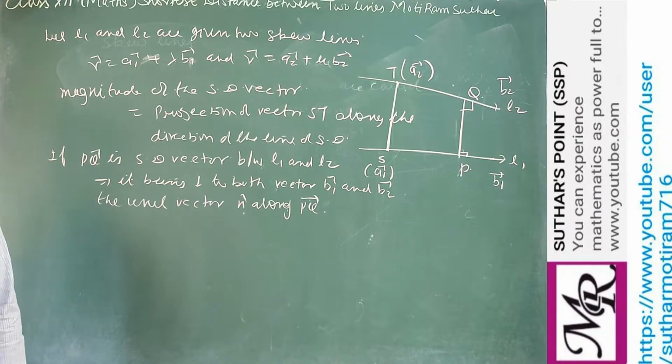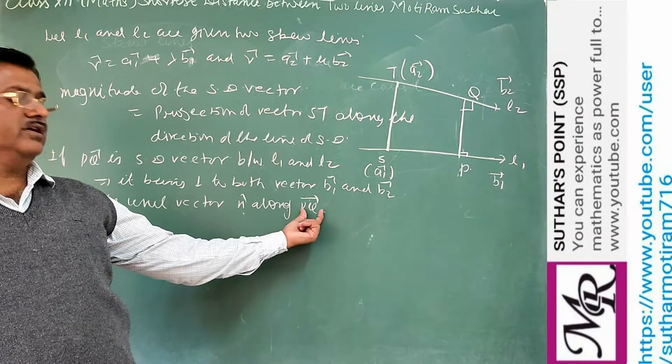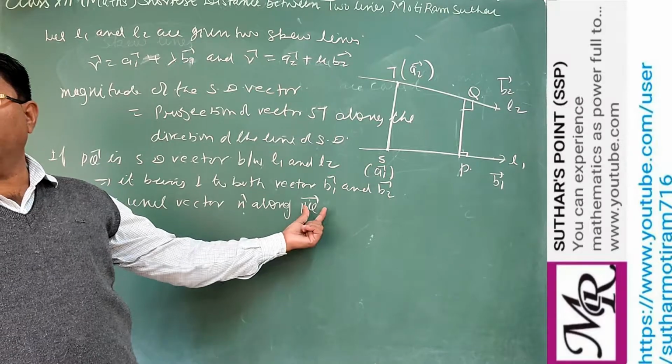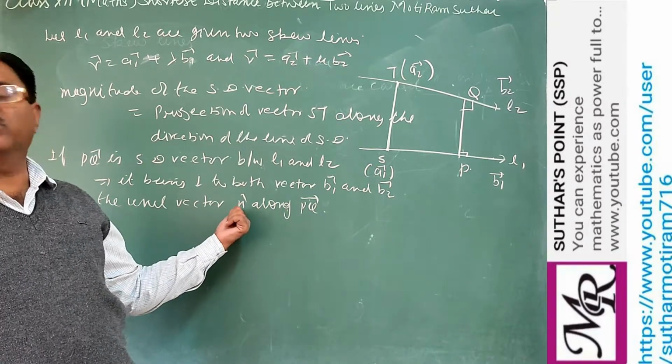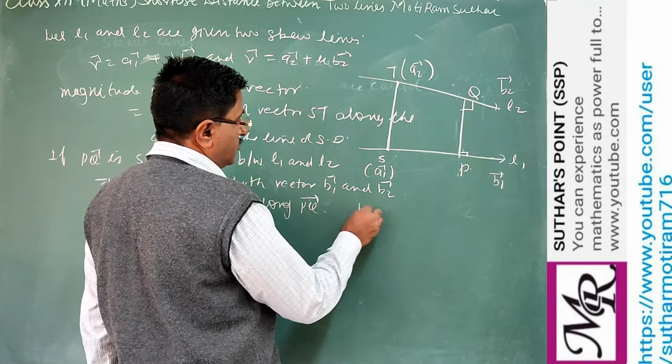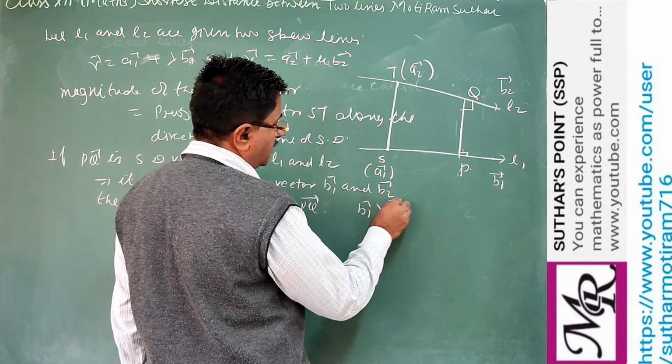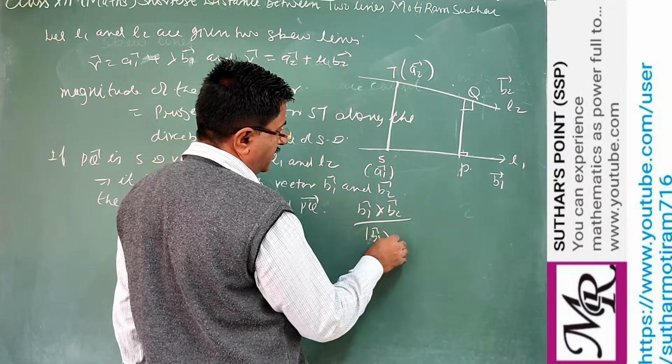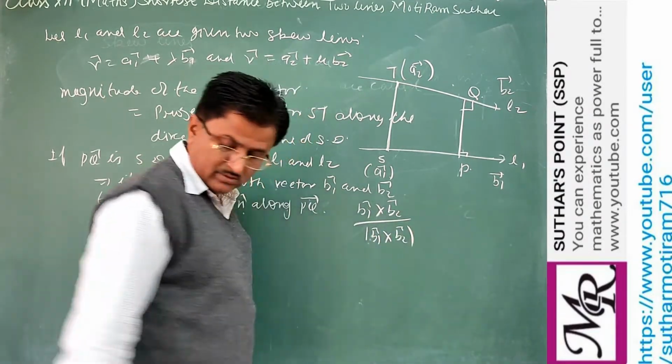That's why we are taking n cap. If you find vector PQ and divide by its modulus, you get n cap. So n cap will be B1 cross B2 divided by its magnitude.